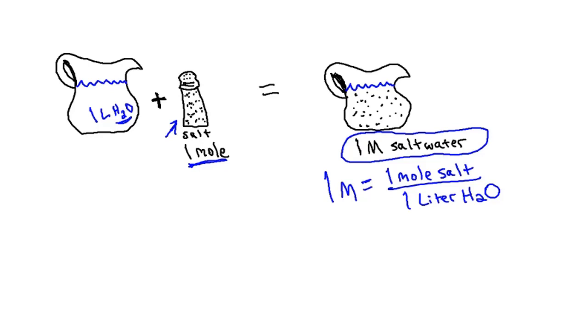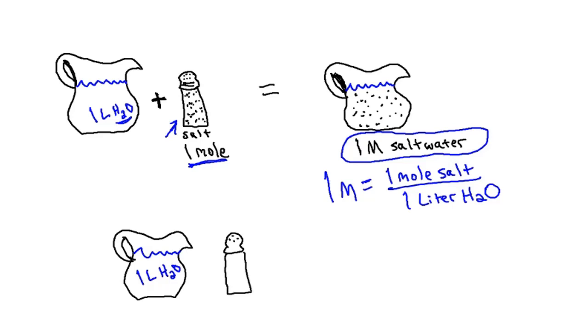So if we have a pitcher of 1 liter of water and we only have half a mole of salt, here's my salt shaker, and the salt's only filled up halfway.